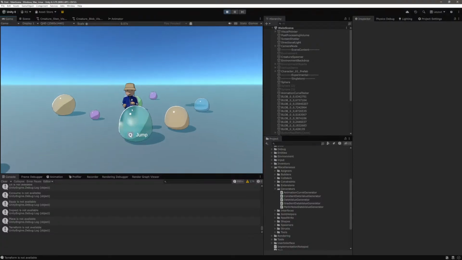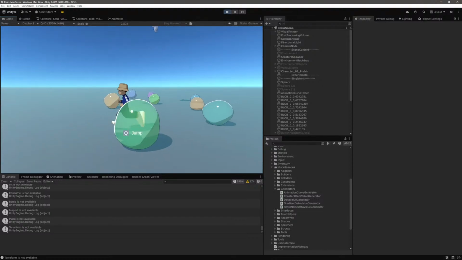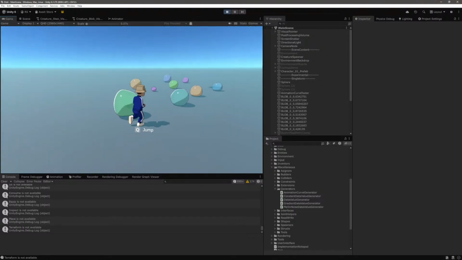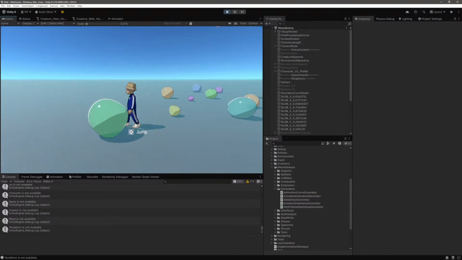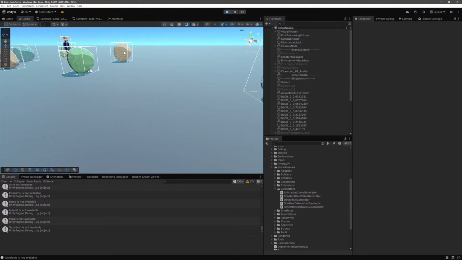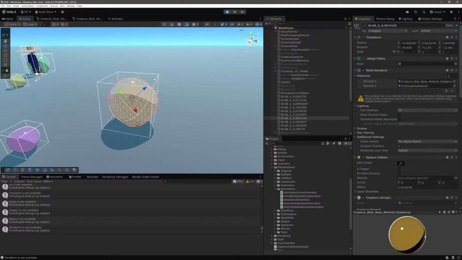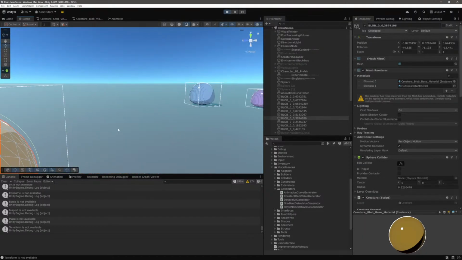Can we make them look alive without eyes? Probably. How does the topology look for these? Yeah, pretty great topology as well.